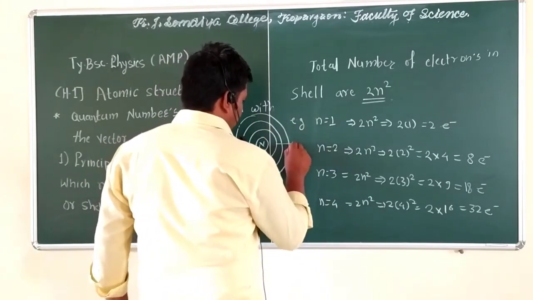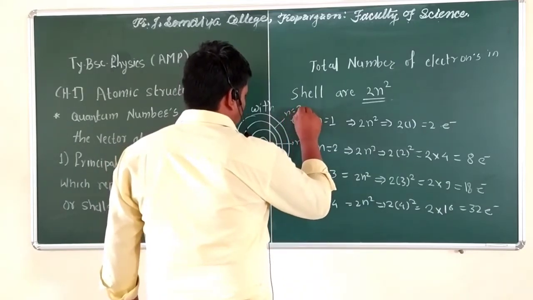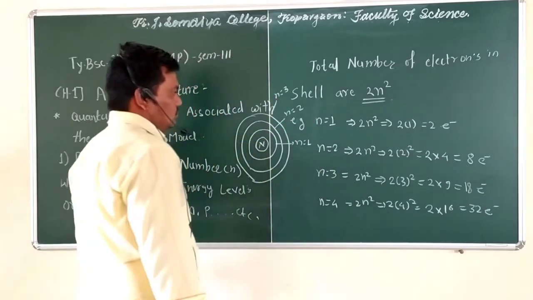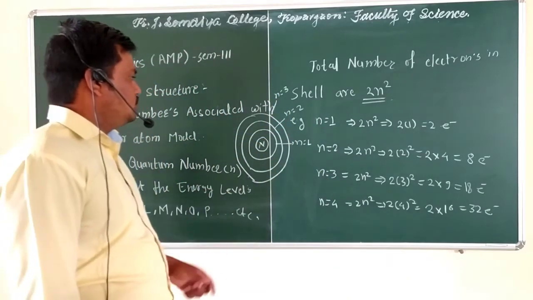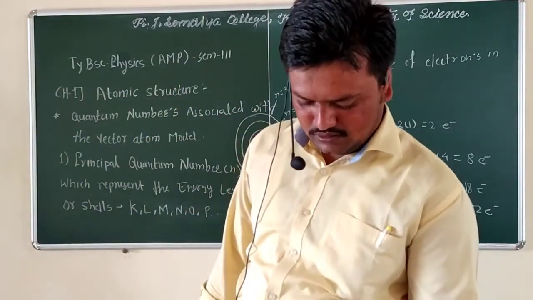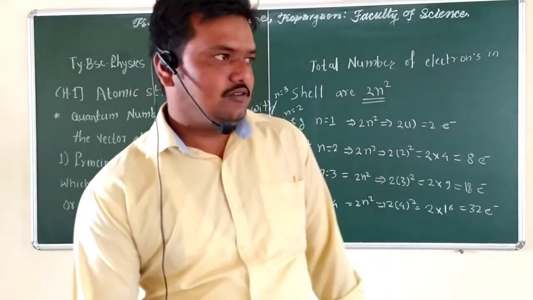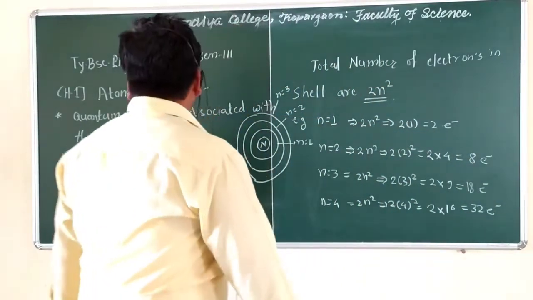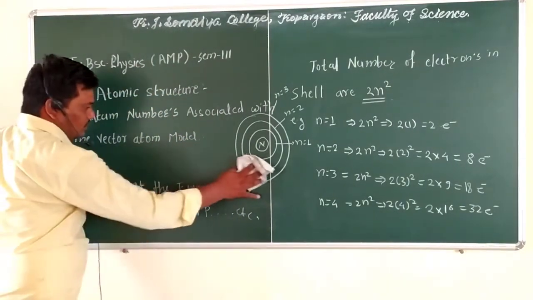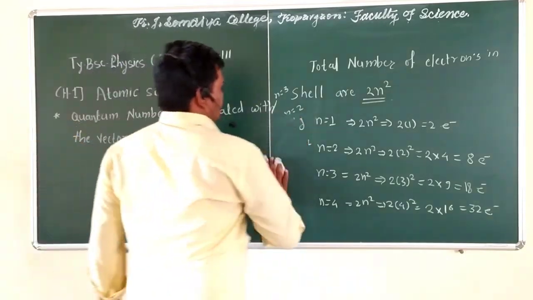So this is for n is equal to 1, n is equal to 2, and n is equal to 3. That depends on how many electrons are present in that shell, and the shells are denoted by K, L, M, N, O, P. Okay, now we want to see the next quantum number, the orbital quantum number.